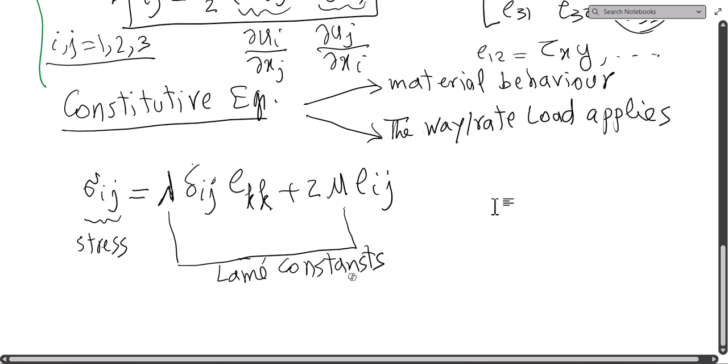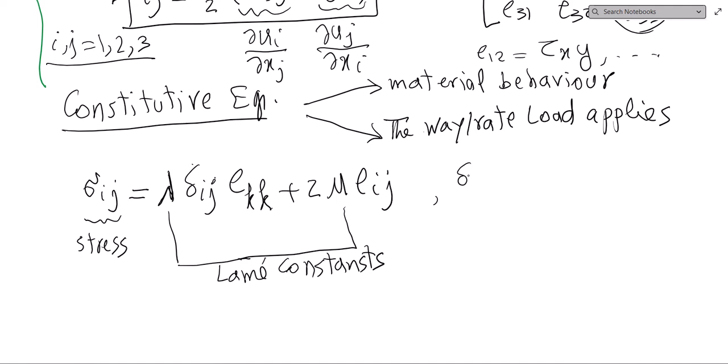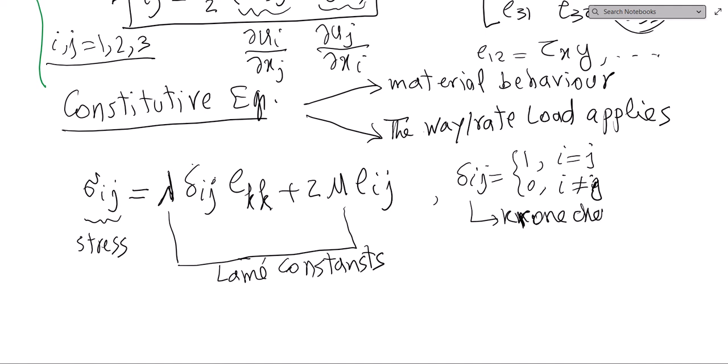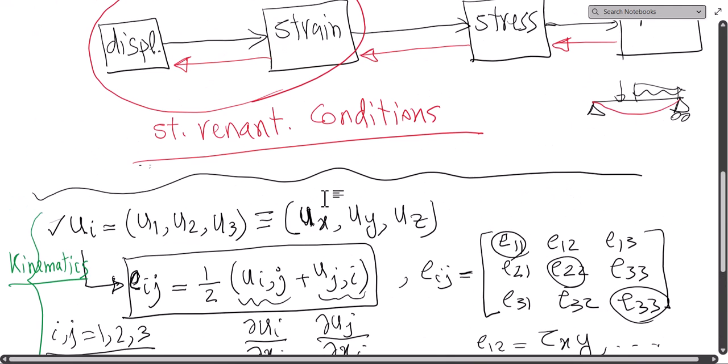Now, delta ij is 1 if i equals j, and 0 if i is not equal to j. This is called the Kronecker delta. It has the property that delta 1,1 is 1, and delta 1,2 is 0. Ekk: what is Ekk? I have already explained this in terms of the notation.